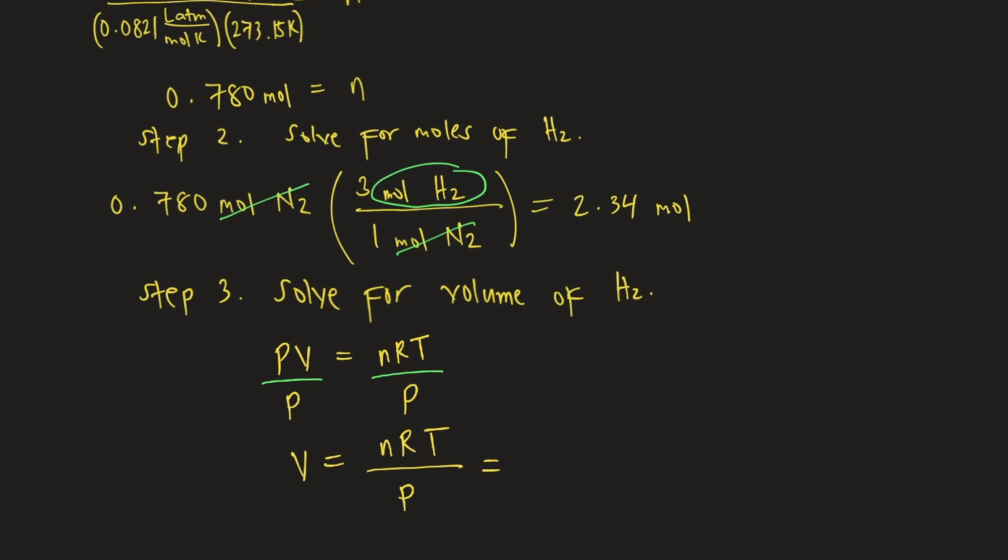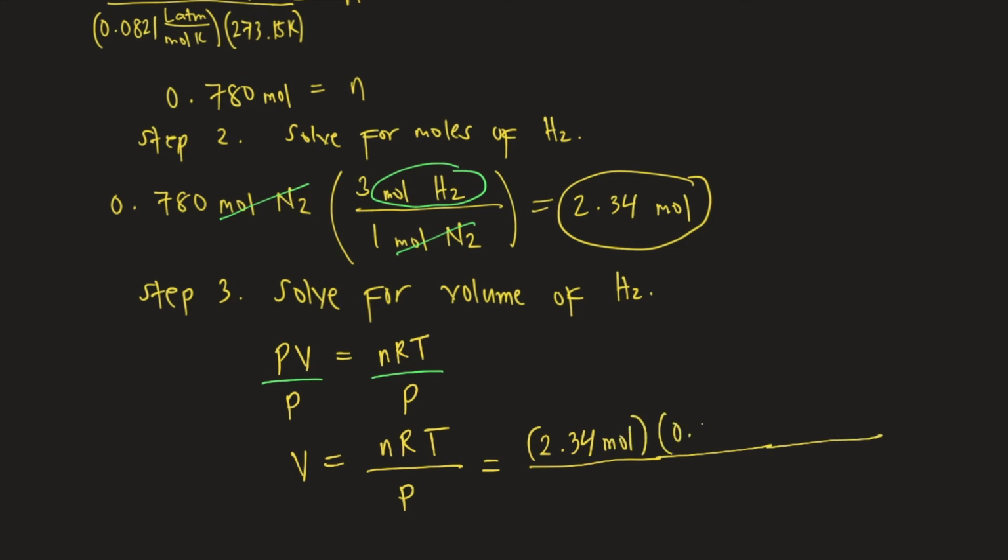n is the moles. So we just solved earlier the moles of hydrogen gas. That's 2.34 moles. R is the gas constant, 0.0821 liter atmosphere per mole Kelvin. T is the standard temperature because the problem says it is at STP. Again, standard temperature is 273.15 Kelvin.